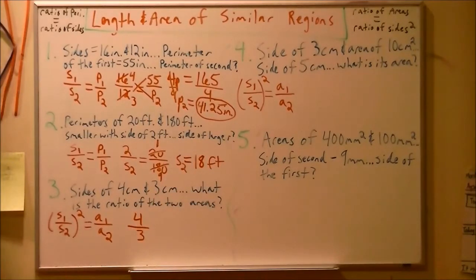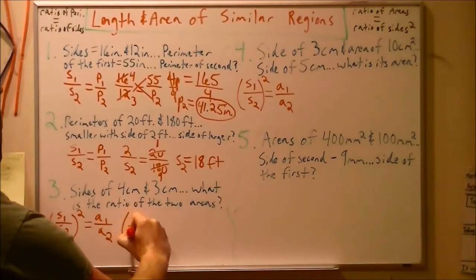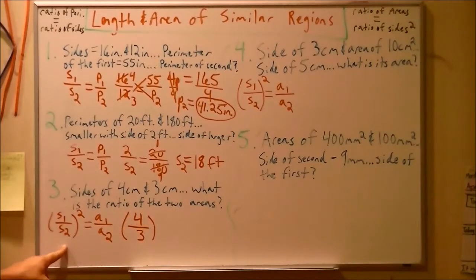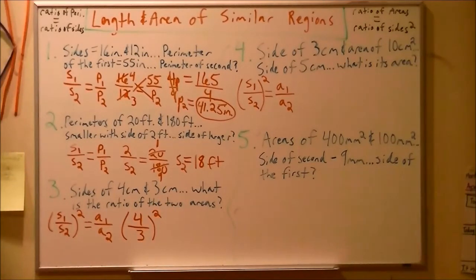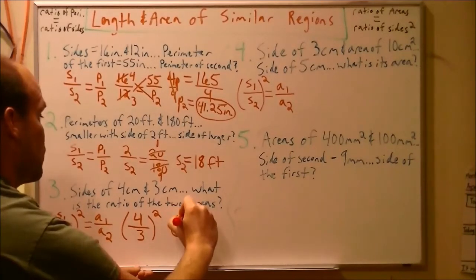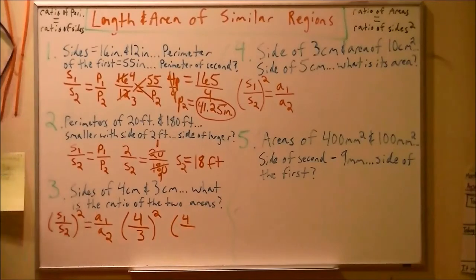that on the bottom. How do I figure out the ratio of the two areas? I have to take this number, 4 over 3, and what do I do with it mathematically from our formula? I square it. Okay? Which, all that means is I can write it this way if I want. Remember what we did with radicals?